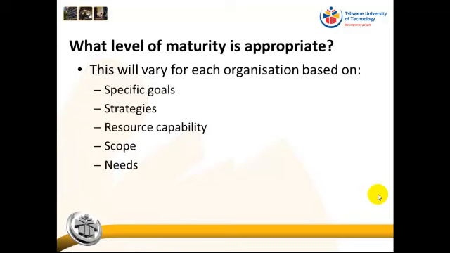So where do we want to go? Where do we see ourselves in 5 years from now? Are projects going to be a major component of how we achieve organizational strategy in this organization? And if that is the case, we definitely need to improve our maturity level.